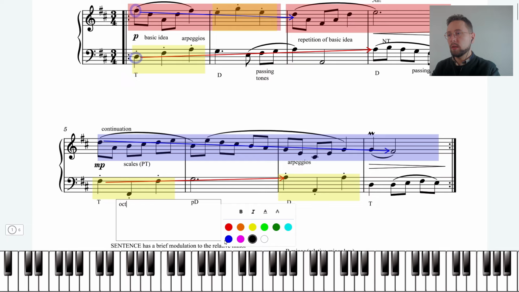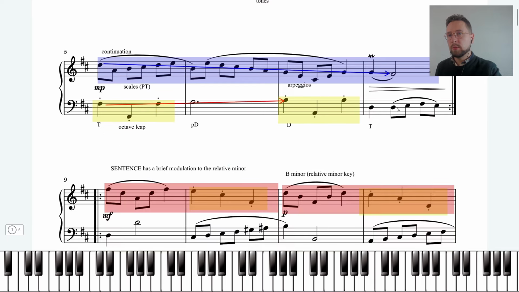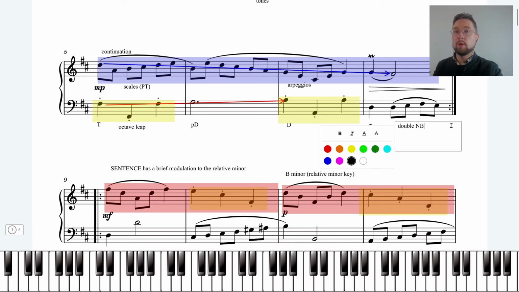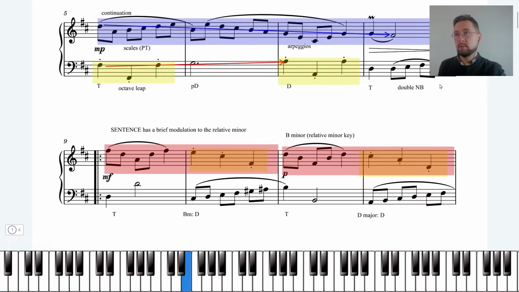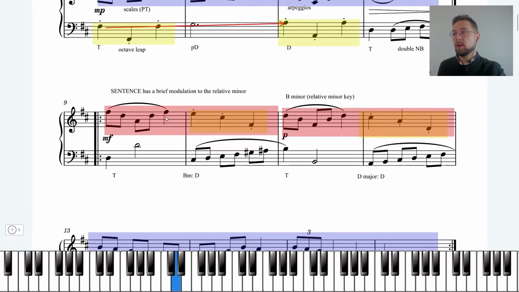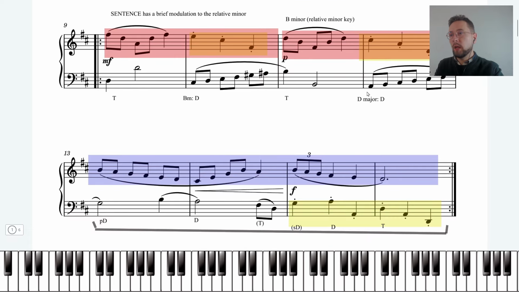That's another very good technique, octave leap. And then these little fillers, which are like a double neighbor tone or passing tone, because you go from D back to D. Right, so octave leap, again, scales, octave leaps, it's all quite balanced and it's based around these concepts.